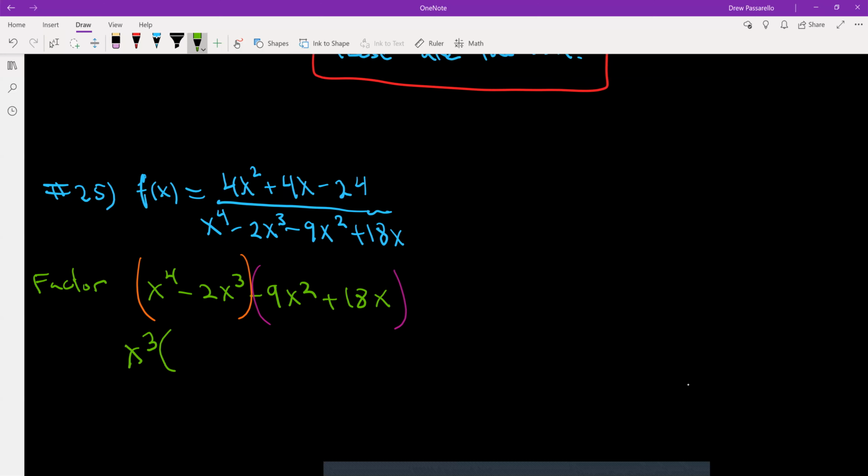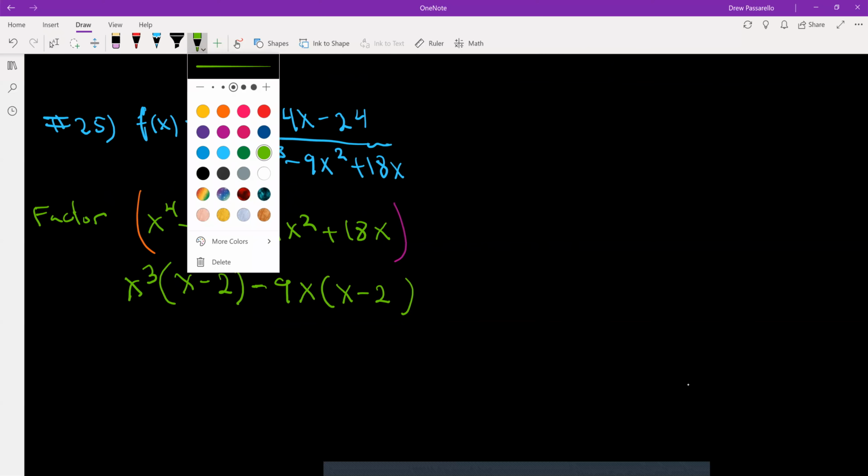Factoring out x cubed from x to the 4th makes x minus 2. And for the other group, we have minus 9x squared plus 18x. Let's see if I try to do the minus 9x and see what that gives. That's going to make this also turn into x minus 2, because negative 9 times negative 2 is positive 18. All right, and these should match.